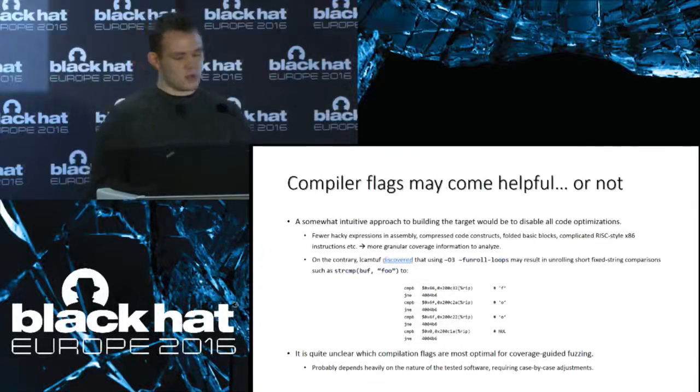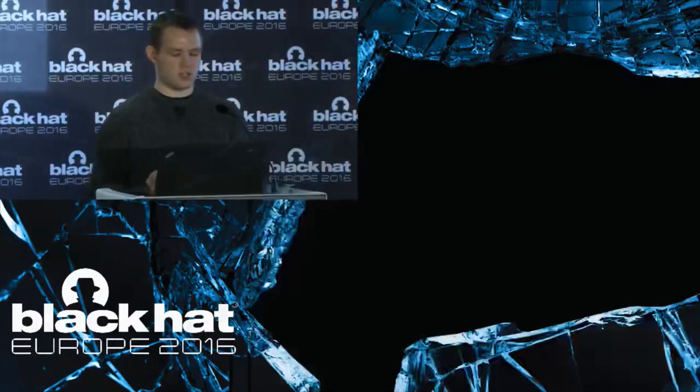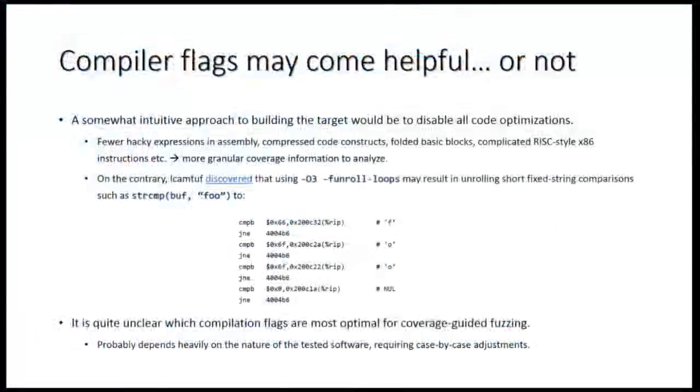You can also get some help from compiler flags, but this is somewhat complicated to think about, because the somewhat unintuitive approach would be to disable all code optimization, which would result in fewer hacky expressions in assembly, compressed code constructs, folded basic blocks, and stuff like that. So we'd get more granular code coverage information to analyze.